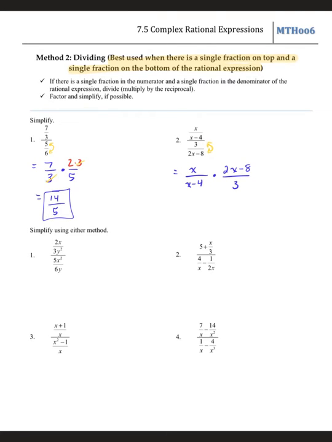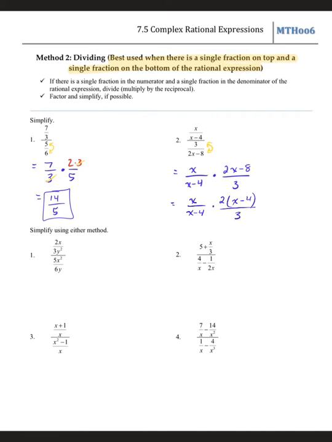Then you also notice that in the one we just did, we took that 6 and changed it to 2 times 3. We factored the 6. We're going to do the same thing with this numerator, and we are going to factor it because that's going to help us cancel nicely. So I'm just going to rewrite the first fraction and then multiply it, and we notice that a 2 factors out, so we have 2 times x minus 4 over 3.